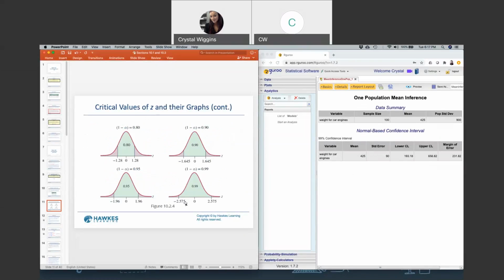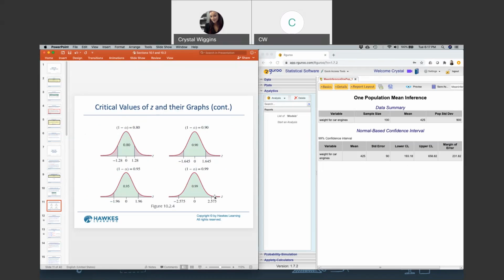Okay, so we're multiplying by a bigger number, which increases the margin of error. We're adding and subtracting, therefore, a larger number on either side of the point estimate x bar, sample mean. And that's why the intervals have to get bigger for us to be more confident.